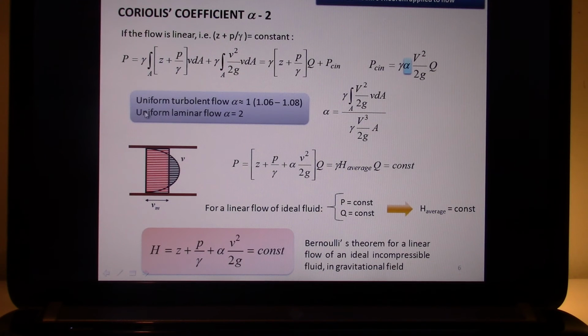In case of uniform turbulent flow, alpha assumes values between 1.06 and 1.08, usually one assumes it's equal to 1, while in uniform laminar flow this correction increases and it's almost equal to 2.